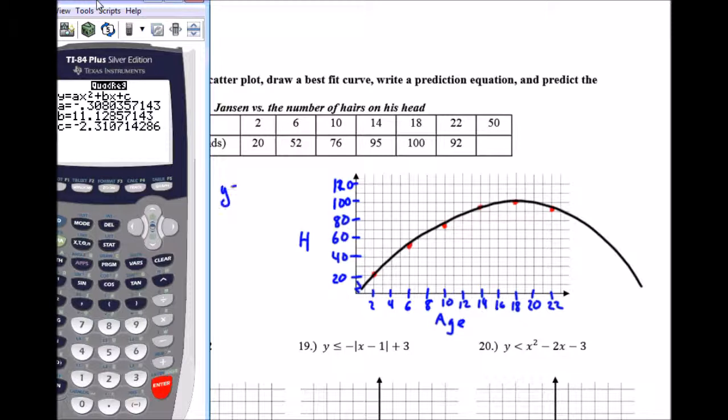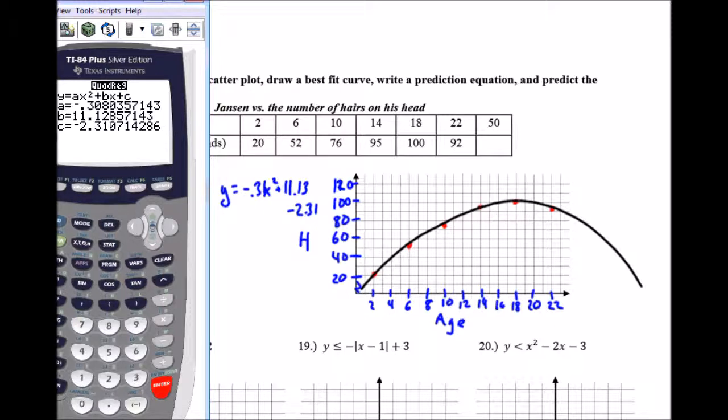So it gives me y equals, the a value is about negative 0.3 x squared plus 11.13 minus the c value, which is a 0.231, looks like. Maybe I'll round this guy to a 0.31.